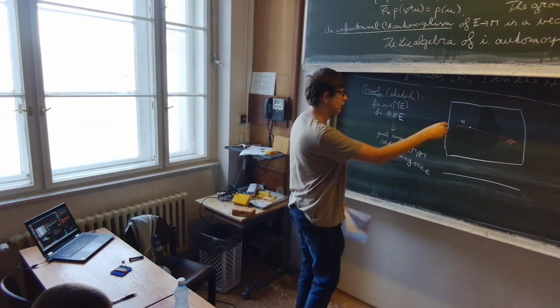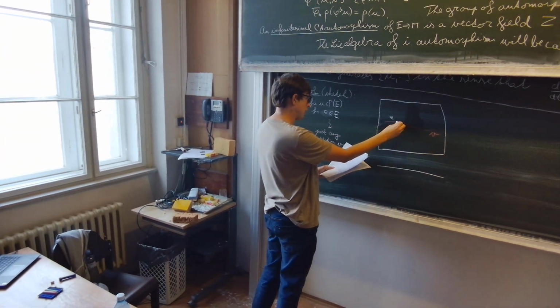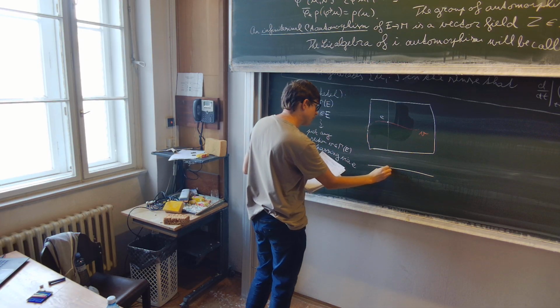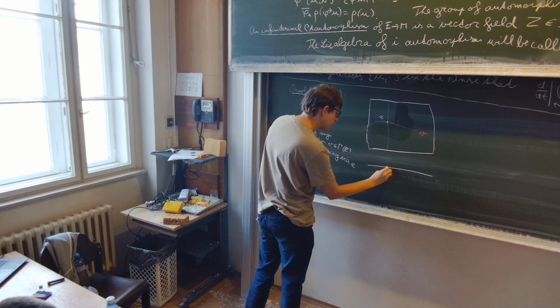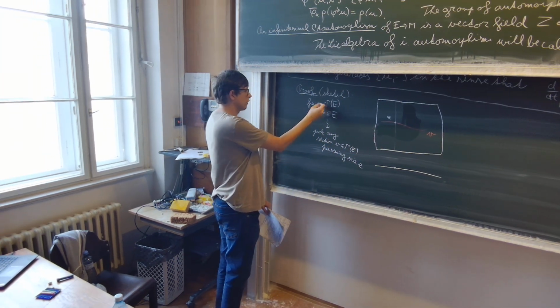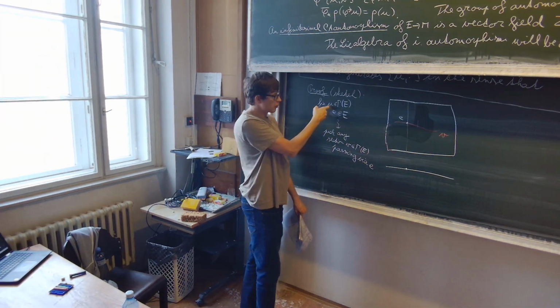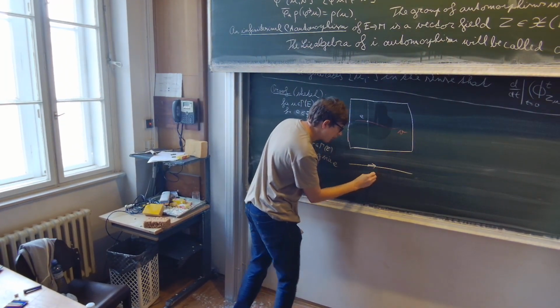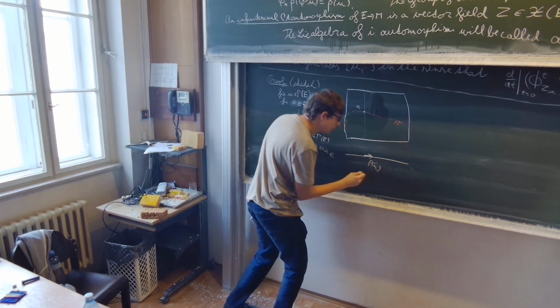And what do I do? I look at the fiber here. This corresponds to a point here. And then here, this is my data, u and e. I use the anchor to create a vector field. So in particular I get a vector here, which is rho of u.